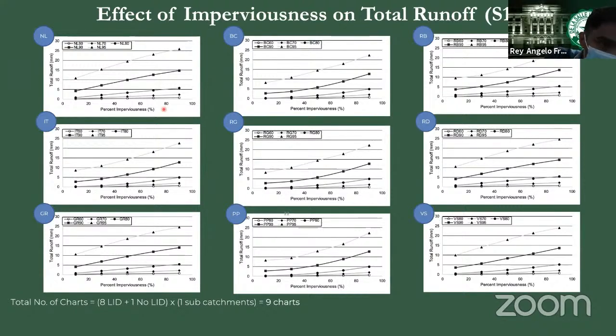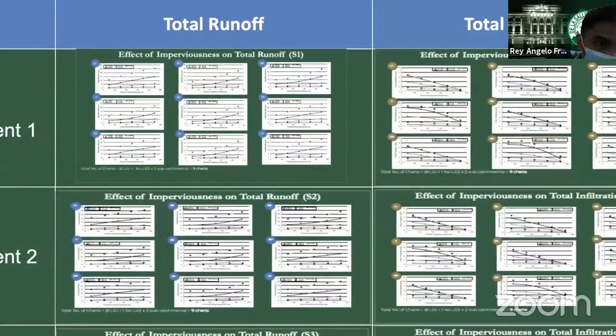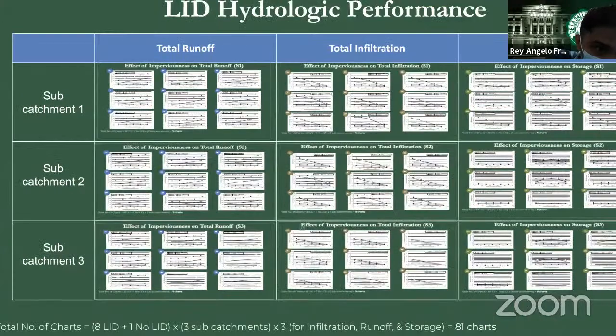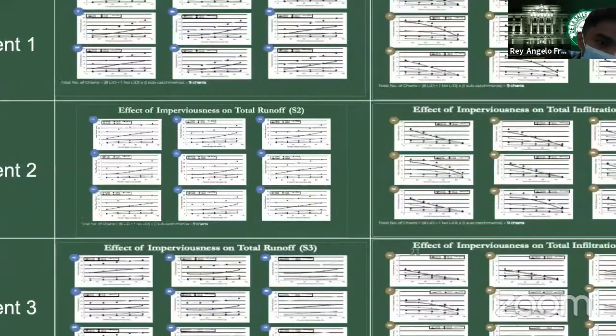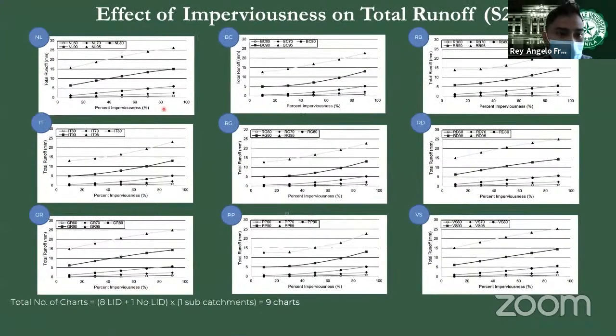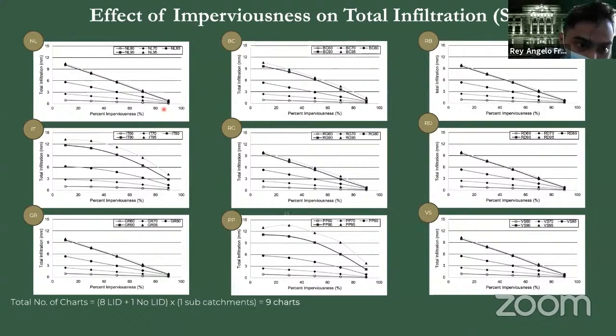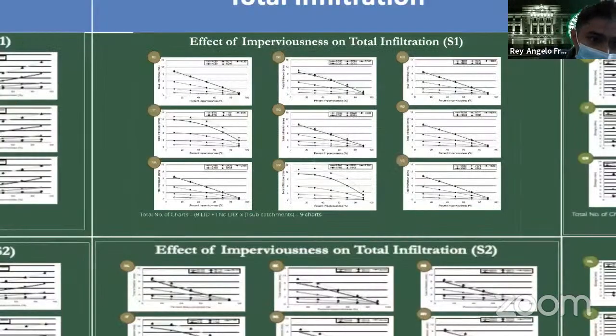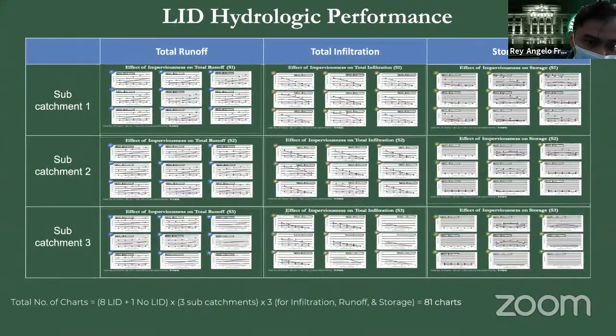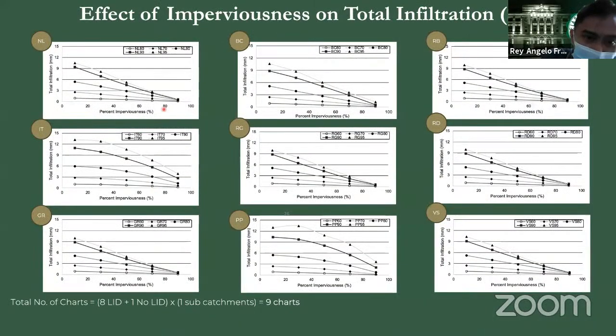As we increase the percent imperviousness of an area, we also increase the total runoff of the area. So we can see that using LID, we decrease the total runoff. For the total infiltration, you can see the effect of imperviousness in the infiltration trench.